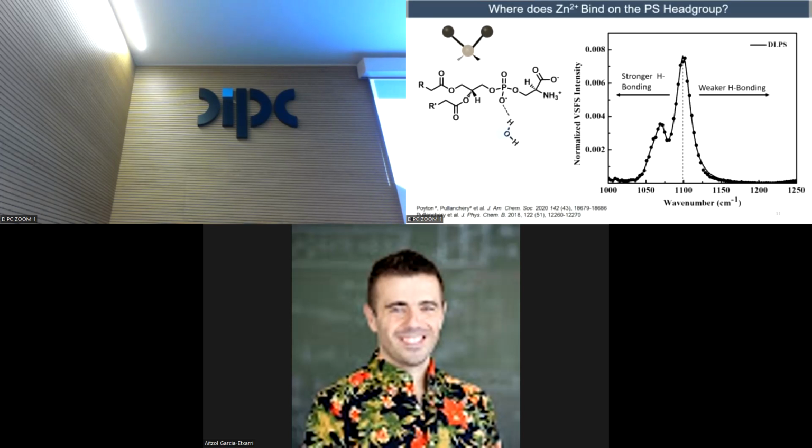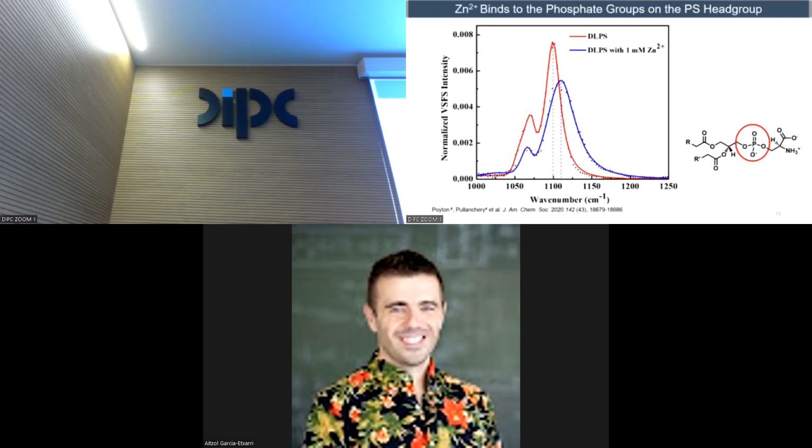So if the metal ion can come and bind in such a way that it dehydrates the phosphate and forms a contact pair, then that should shift the frequency of the phosphate peak. And that is exactly what we see. We see that when zinc binds, it actually shifts the phosphate symmetric stretch vibration by around 11 wave numbers, which tells us that it actually binds in a way that it forms a contact ion pair.